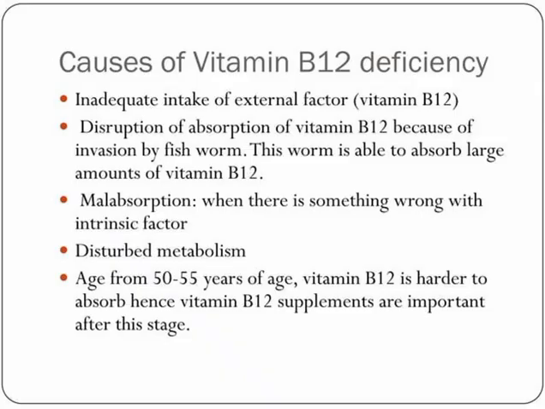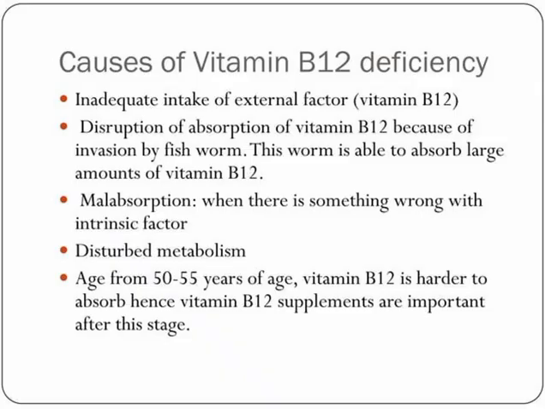These worms absorb the vitamin B12 and disturb the regular absorption. And then next will be intrinsic factor malabsorption, that is an impairment occurring when there is a defect or lack of intrinsic factor, a crucial transport protein secreted by the stomach parietal cells required for B12 uptake in the small intestine.